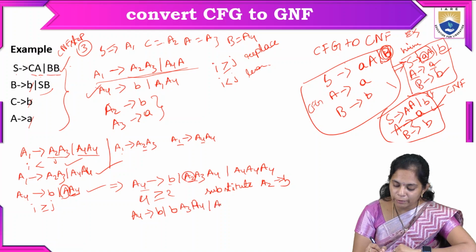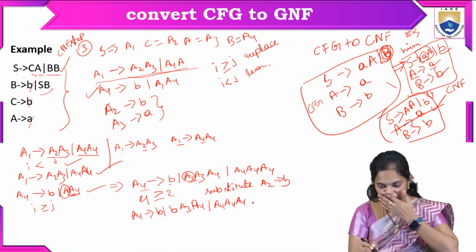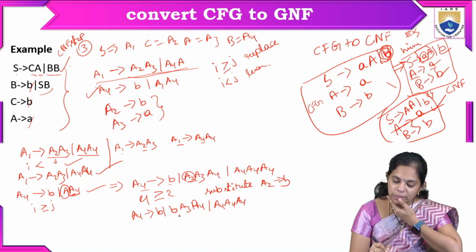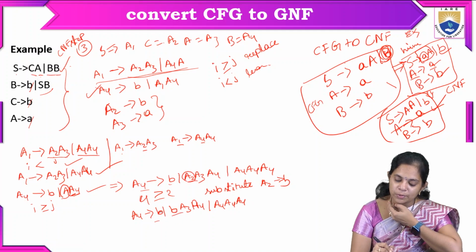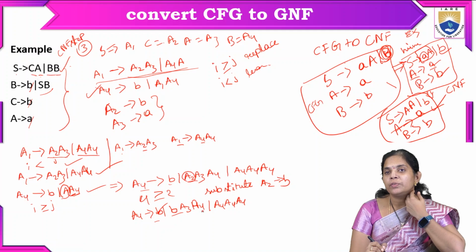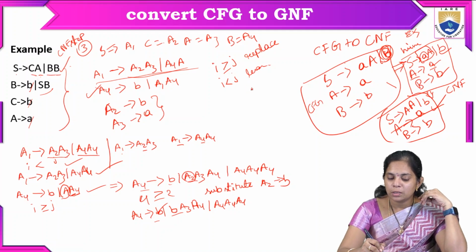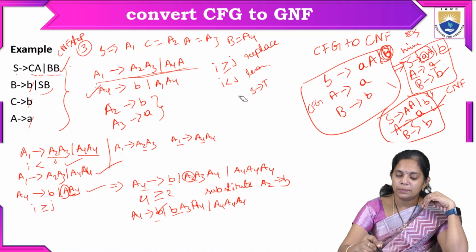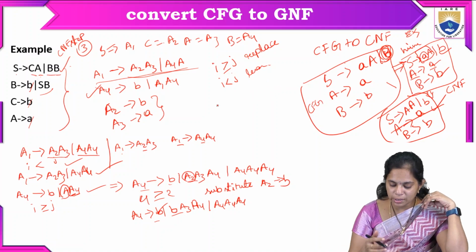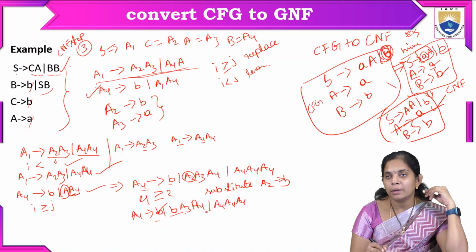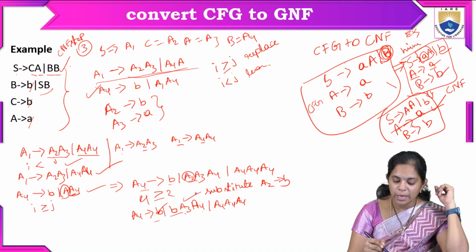So remaining A4 we have to write like that only. So if you observe, B is a terminal, which is accepted by the GNF. So conditions: S tends to terminal, and S tends to A or B, and second condition is the terminal followed by n number of non-terminals is also accepted.